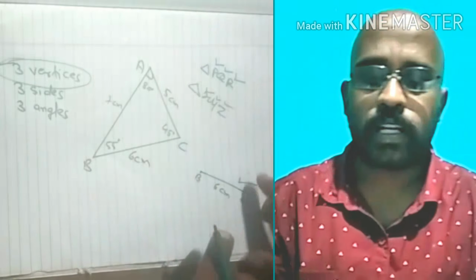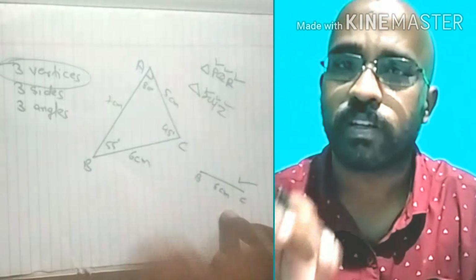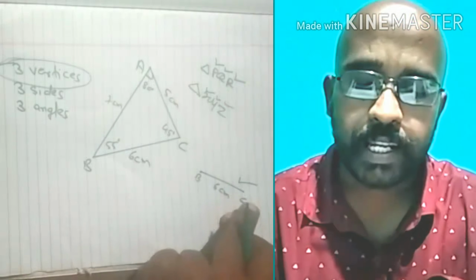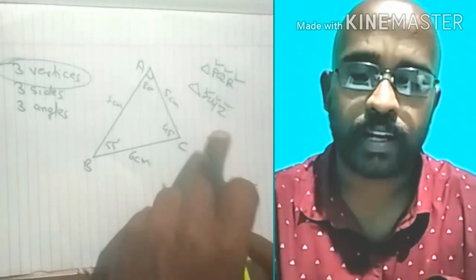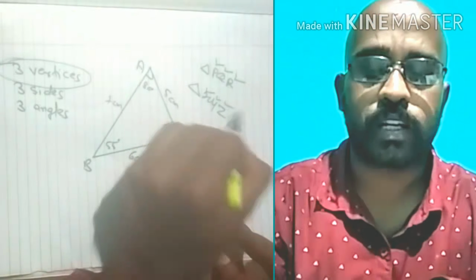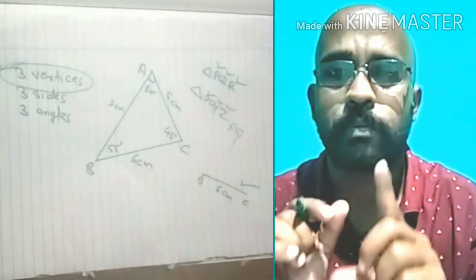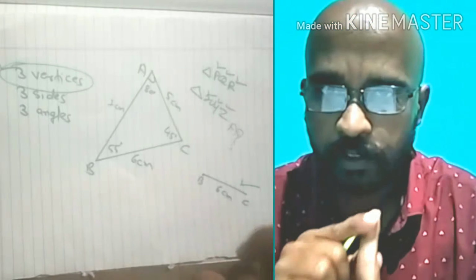What is the advantage of drawing a side first? If information about side is given, then automatically two vertices are located, B and C. We just have to locate the third vertex. So if a line segment is given, always prefer that first.